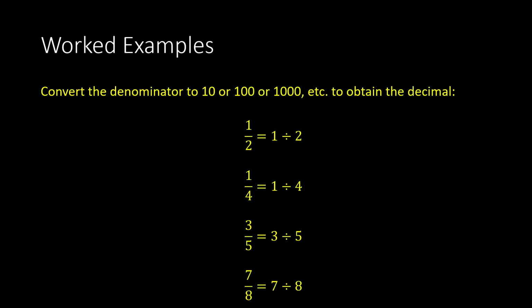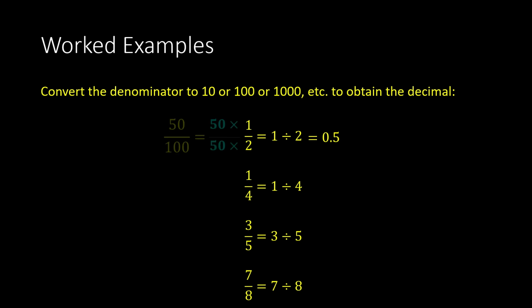The same method works for other fractions. So for example, for a half, we multiply top and bottom by 50 and obtain 50 over 100, and this is equal to 0.5.